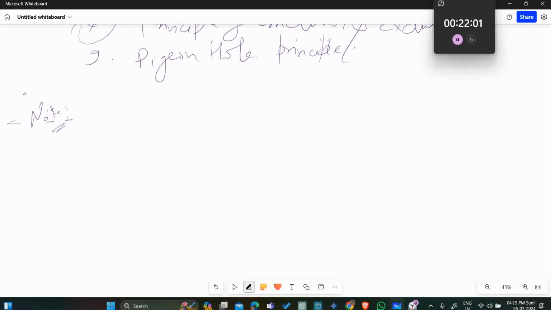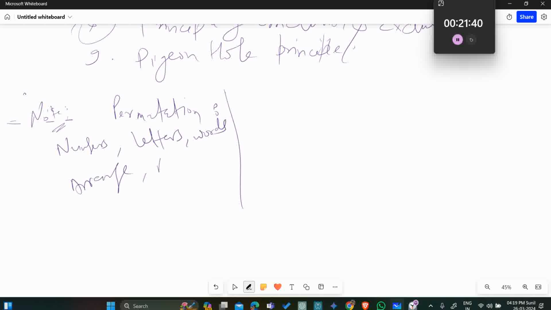Right. For permutation, some keywords are like numbers, letters, words, right? And arrange, boxes. These are permutation keywords. And for combination, where order does not matter, keywords are set, subset, right?